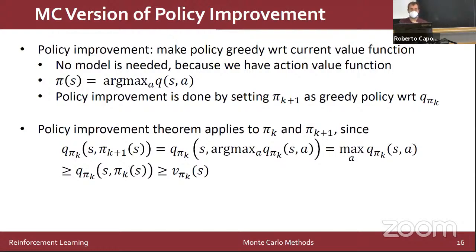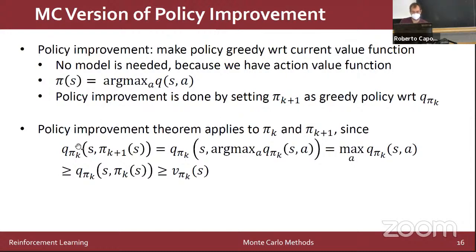And we'll see why this allows us to improve the policy by looking at this theorem. So if our policy is the argmax over the actions of Q of S, A, then by setting the next policy to this greedy policy, we are taking a policy improvement.